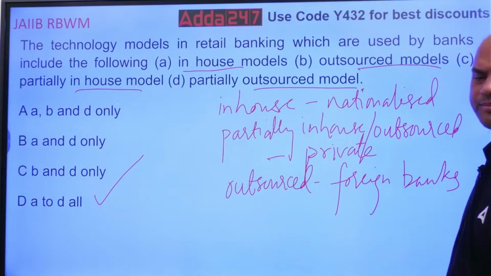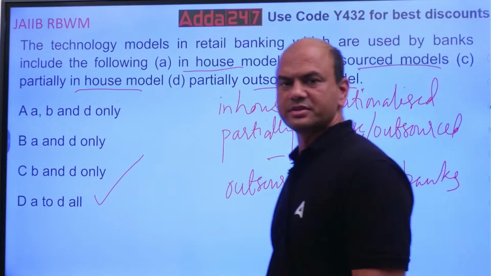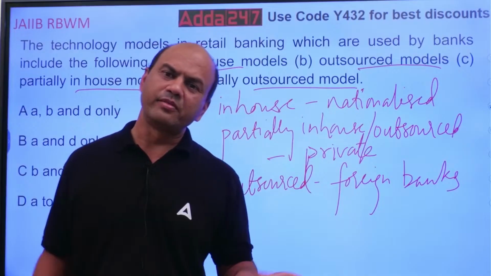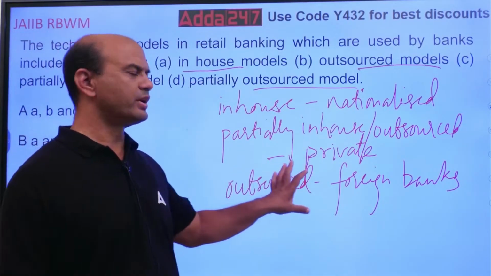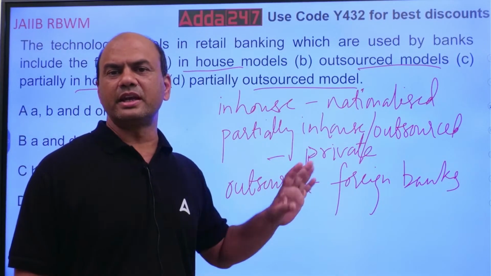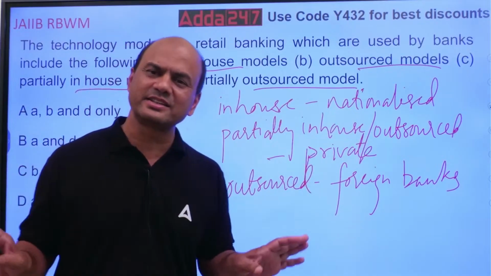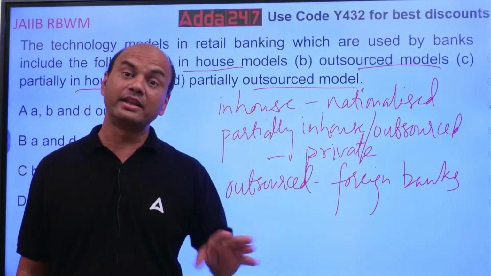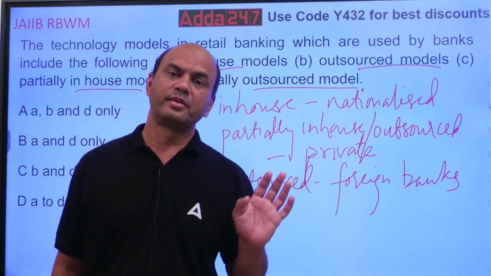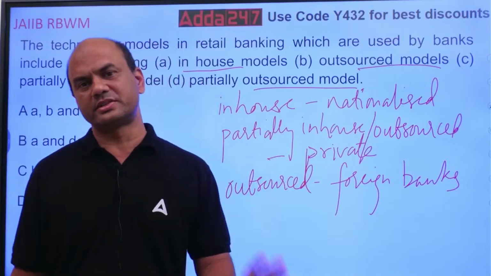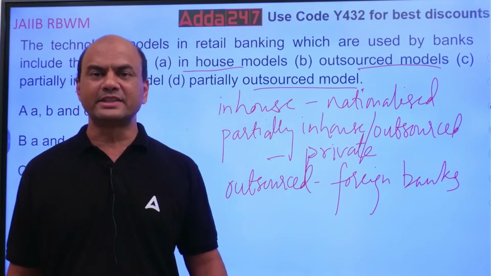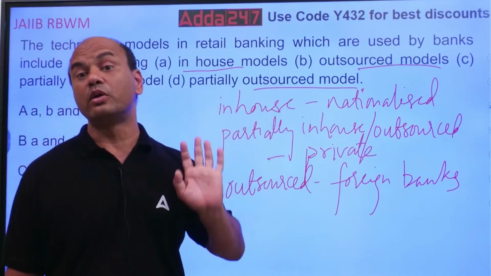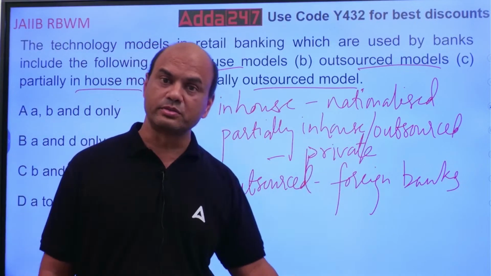One thing I'll tell you, this is as per the books. Practically things are different now. Everywhere they are thinking that foreign banks are doing this outsourced, they are technologically advanced. It's nothing like this now. All the banks are technologically advanced, mainly nationalized banks. The same technology which is used in foreign banks is used in nationalized banks and private banks also.